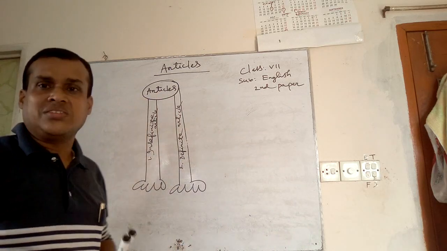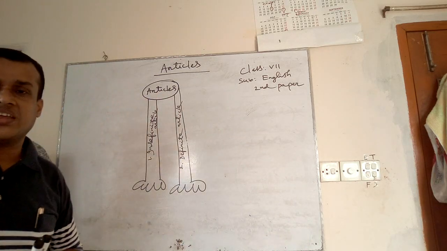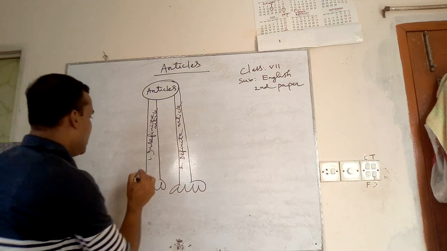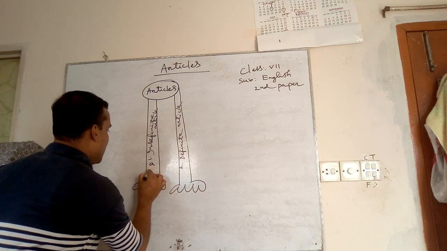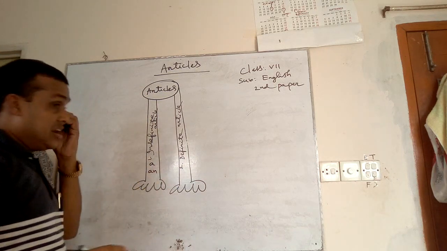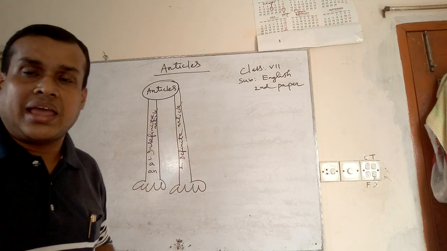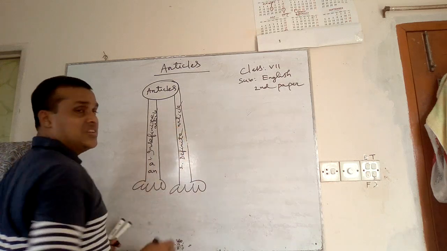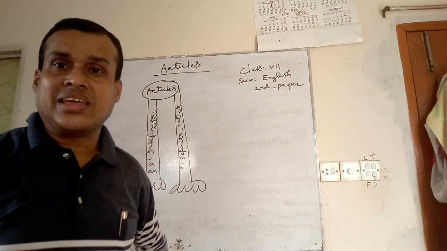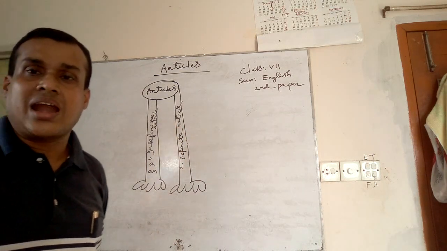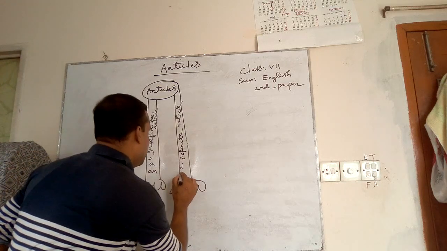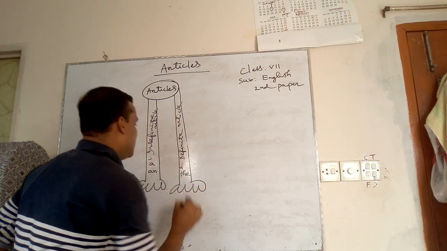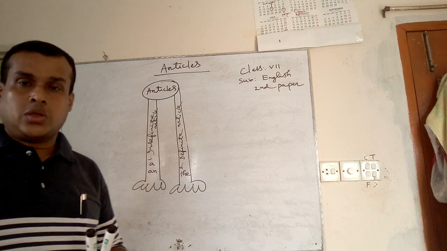What is an indefinite article? A and An are indefinite articles. What is a definite article? The is the definite article.